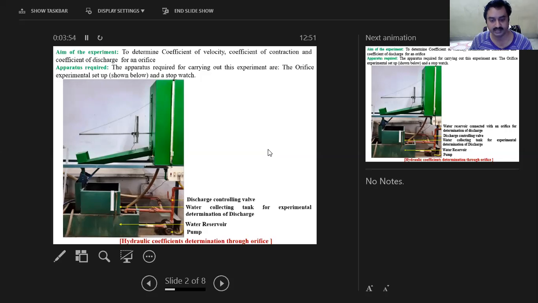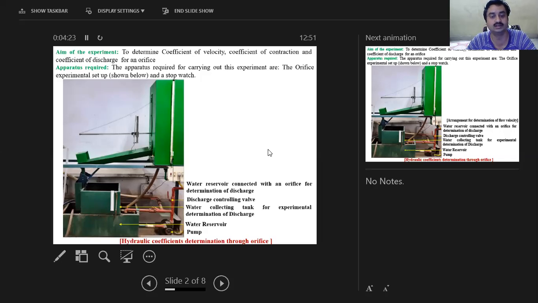Okay, the next component is the discharge controlling valve, because the experiment is to be repeated for 3 different values of the discharge. Through this valve you can control the discharge maintained for a particular experimental reading. The next component is a water reservoir connected with an orifice for determination of the discharge coefficients.